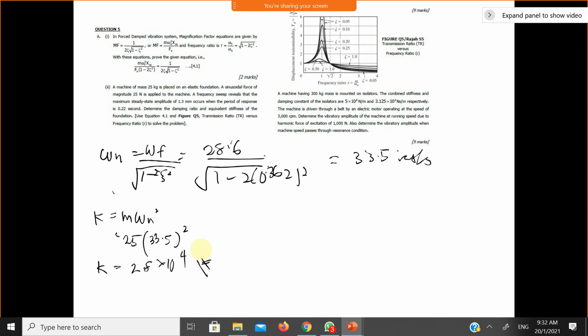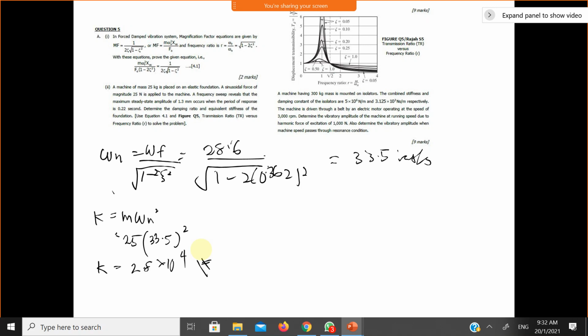But for this topic, we have forced damped, where we use the term omega F, force frequency. There is a difference: omega N is natural frequency, omega D is damping frequency, omega F is force frequency. So normally omega D, damping frequency, we use for the free damped vibration topic. For this topic we will use omega F. Okay.